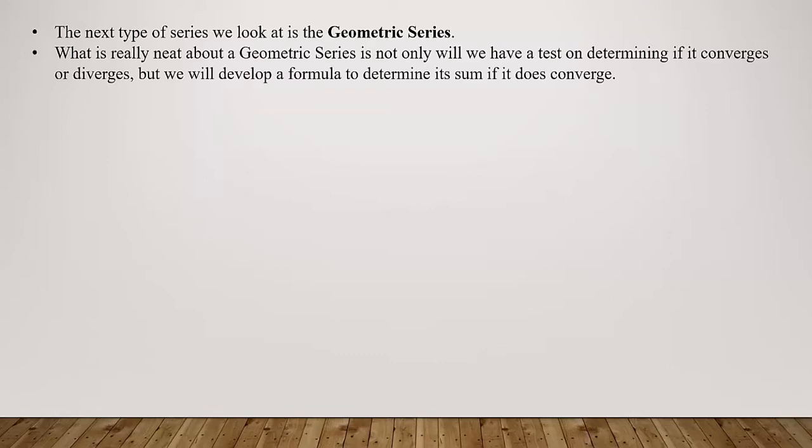What I find really cool is that we'll be able to know immediately, just by looking at the series, if it converges or diverges. And we're going to develop a little formula so that if it does converge, it will tell us what the sum is. I think that's kind of cool.